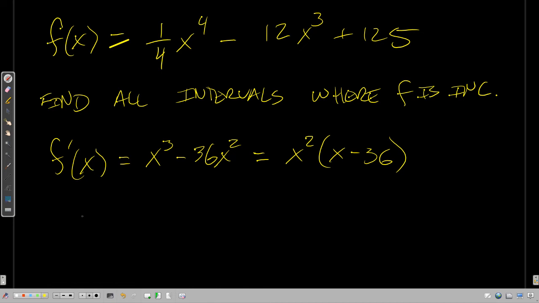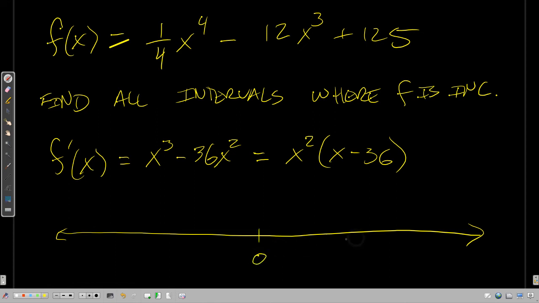Then I would make my number line drawing and put all my critical values, 0 and 36. Now the sign will change right here at 36 because of it having this term in its factorization.